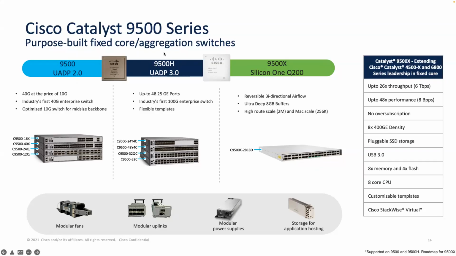The letter H here actually stands for high performance. So switches in this generation are equipped with the UADP 3.0 and provide ports up to 100 gigabit. The latest generation, the X series, as you know, is powered by the Silicon One ASIC and could provide ports at 100 gigabit or 400 gigabit rates.